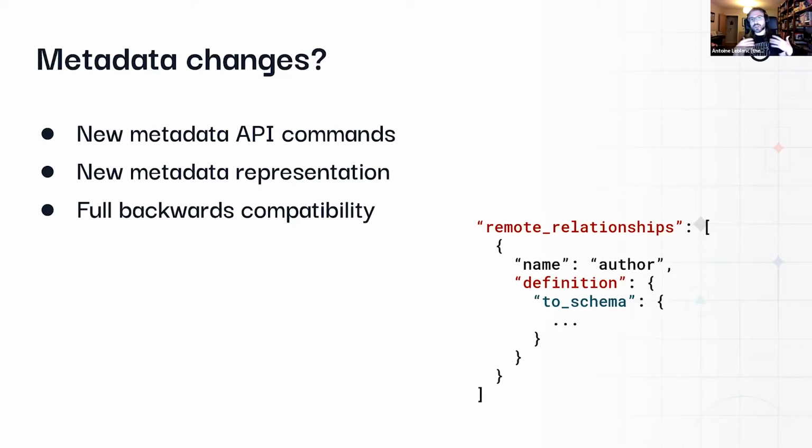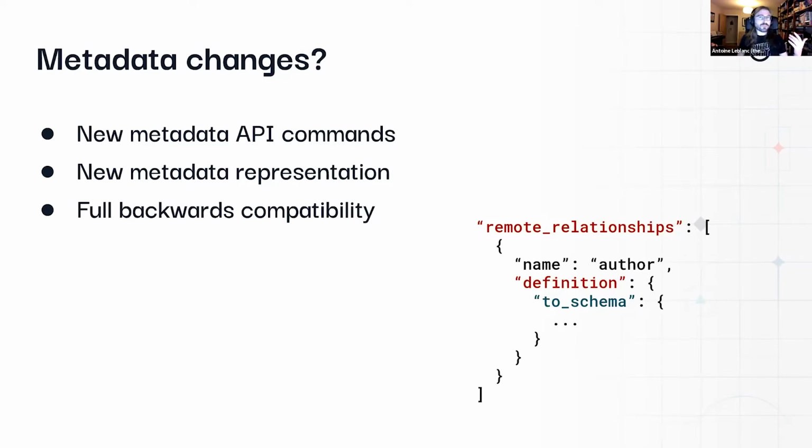We are going to support full backwards compatibility of the previous format, the current one for you, the one we call internally the old format of remote relationships from source to remote schema, with the idea that if your metadata contains such a relationship defined with the old format, we will accept it perfectly fine. If you try to create a new one with the create remote relationship metadata command, we will accept this old format as well.